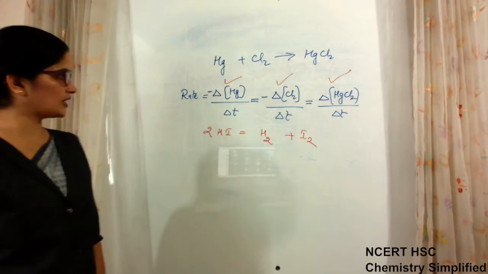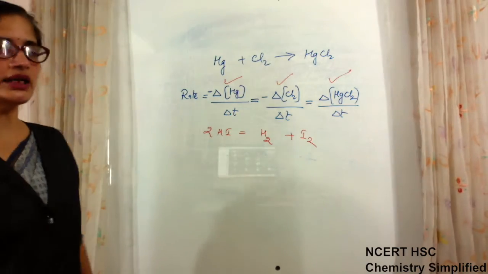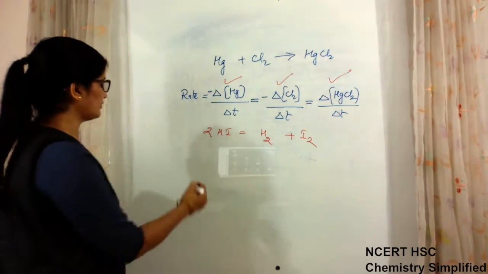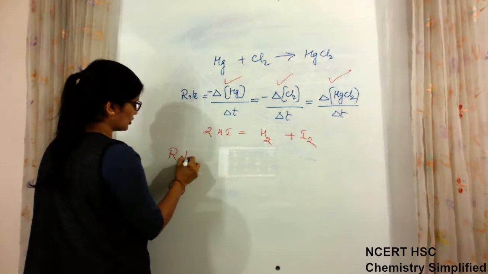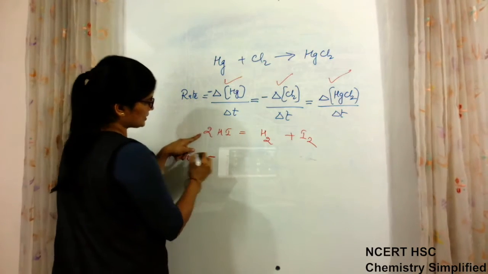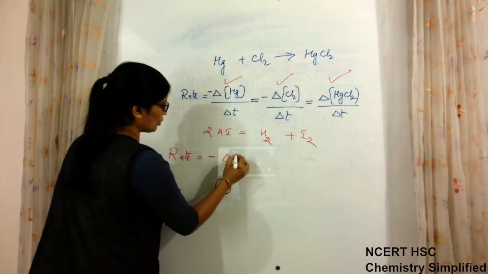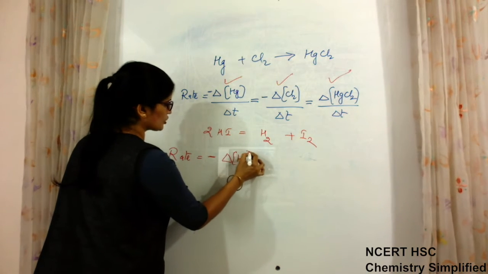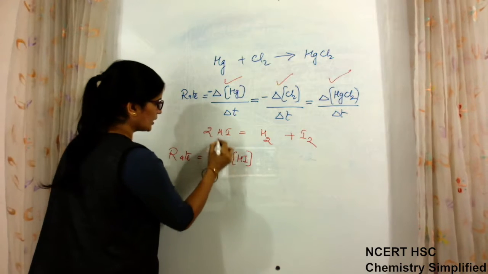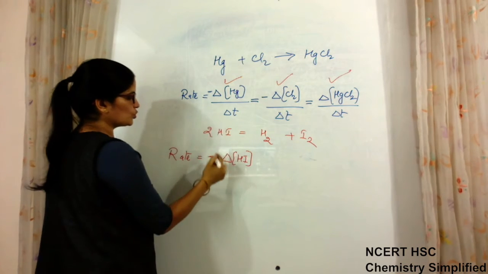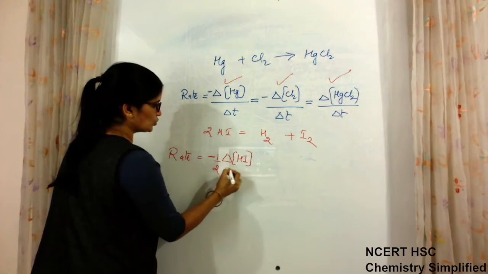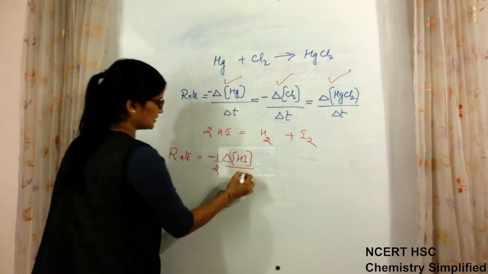If this is a reaction, and if I have to find out the rate of this reaction, then I can find rate as: minus sign for the disappearance of the concentration, rate of disappearance of concentration of HI. Stoichiometric coefficient is 2, so it is divided by 2, that is 1 by 2 upon delta T.